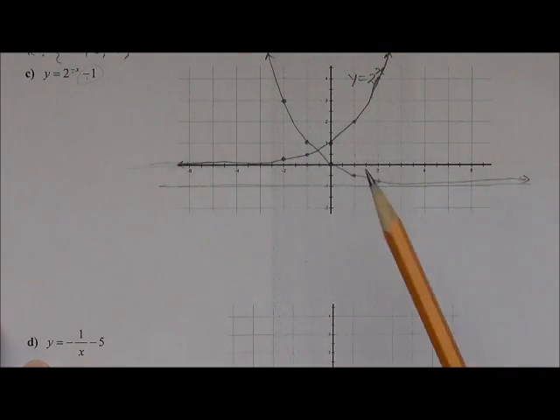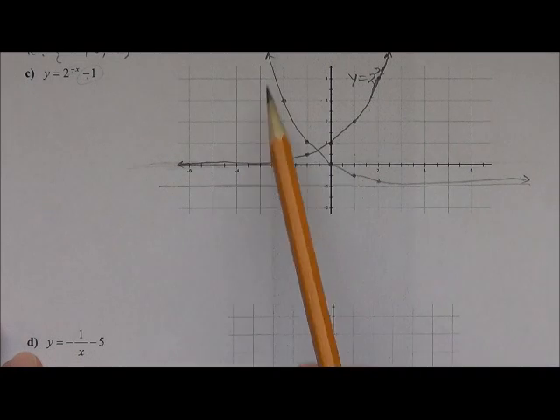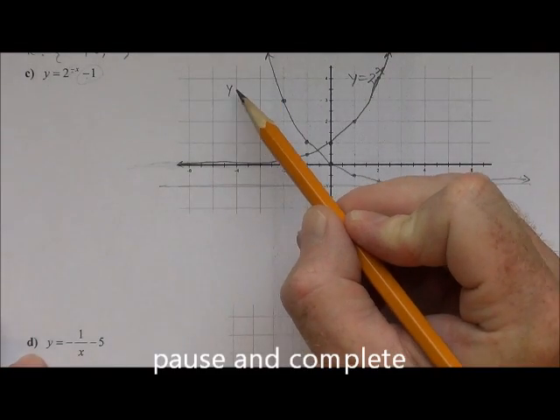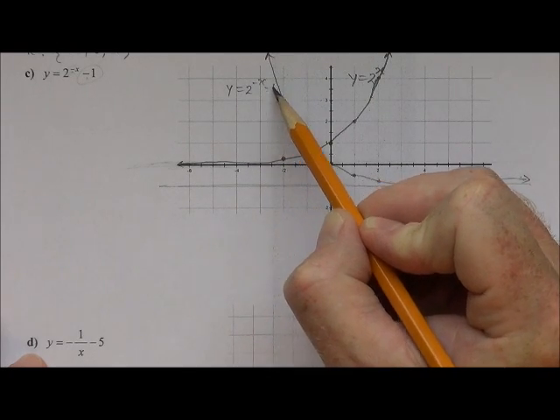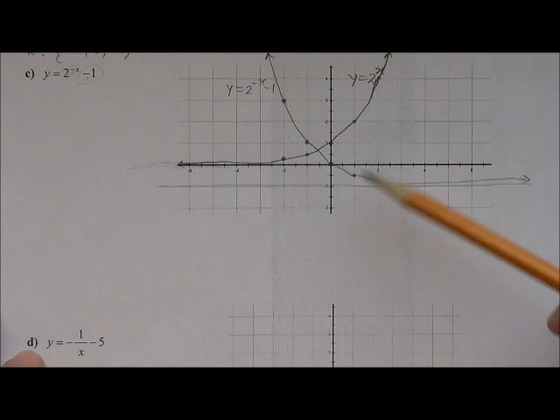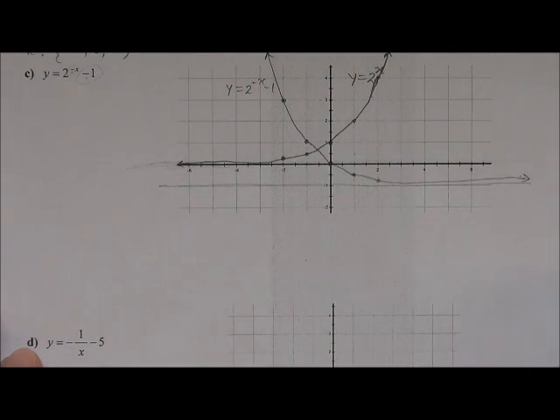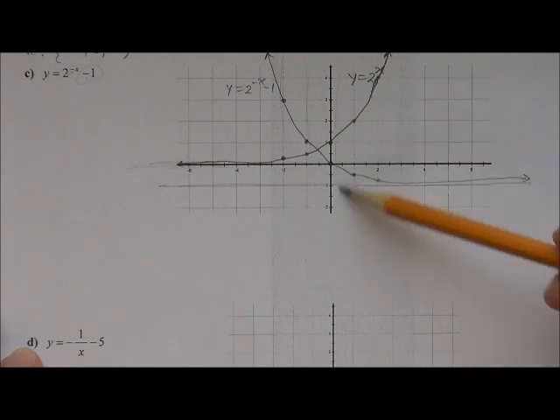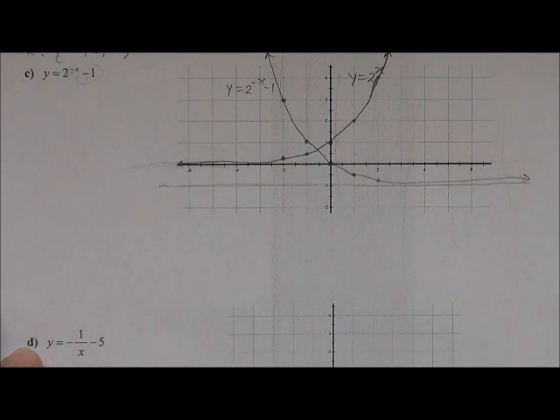So now we have to determine, is this a function? I guess I should have been calling it a relation all the time. So is y equals 2 to the negative x minus 1 a function? Well, if we were to draw vertical lines to form the vertical line test, we would see that the vertical line would only intersect that function one time through any one line.